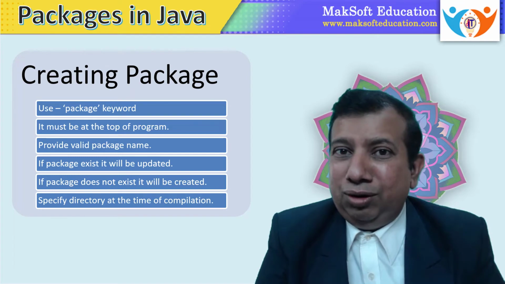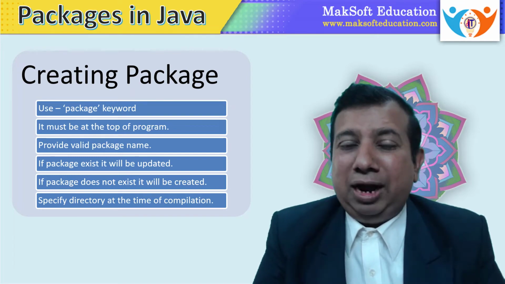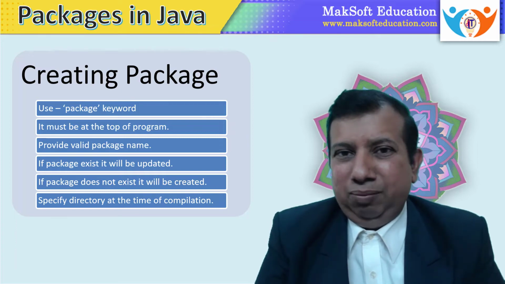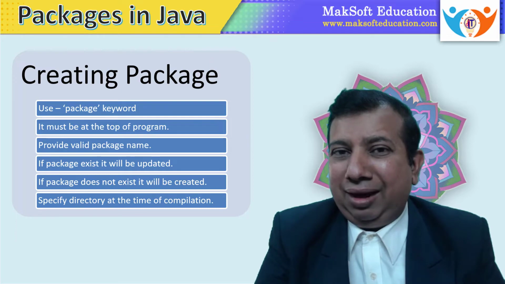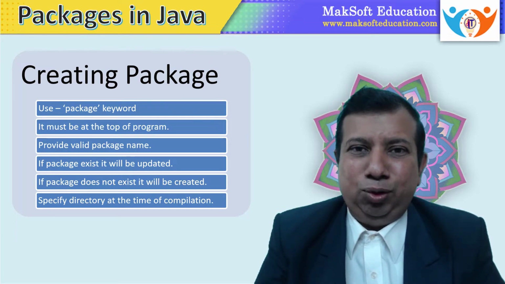There is one more thing that we have to remember at the time of compilation. We have to use the -d option to say where we want our package, because we have already seen that a package is nothing but a folder from the operating system point of view.